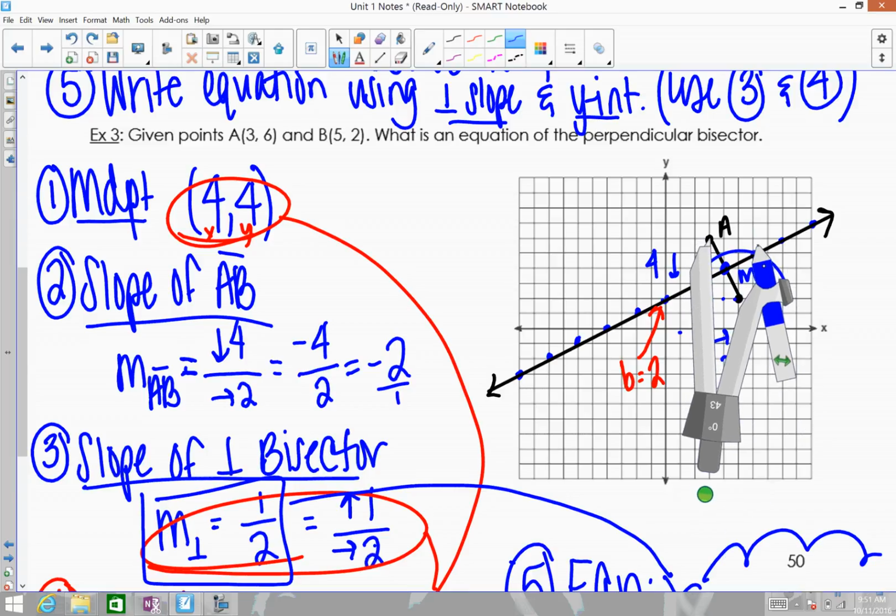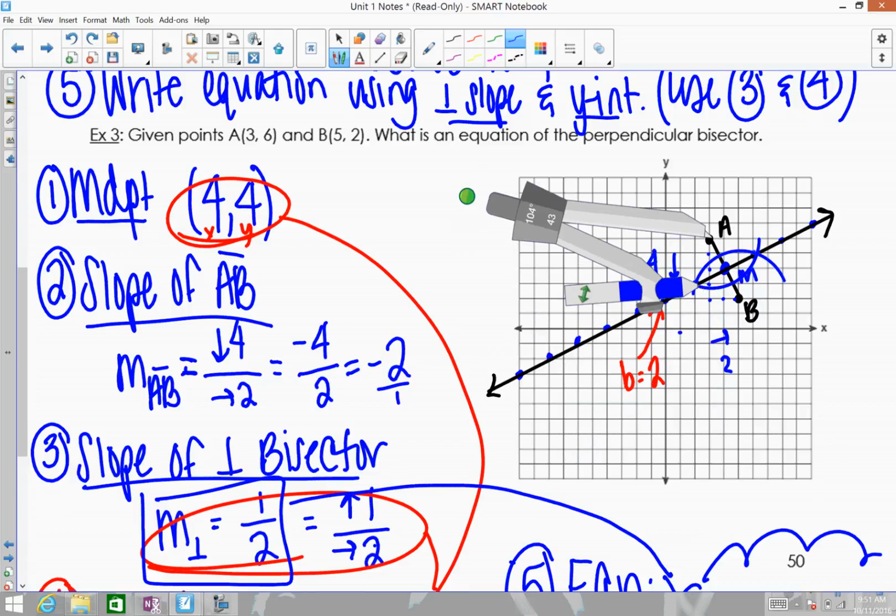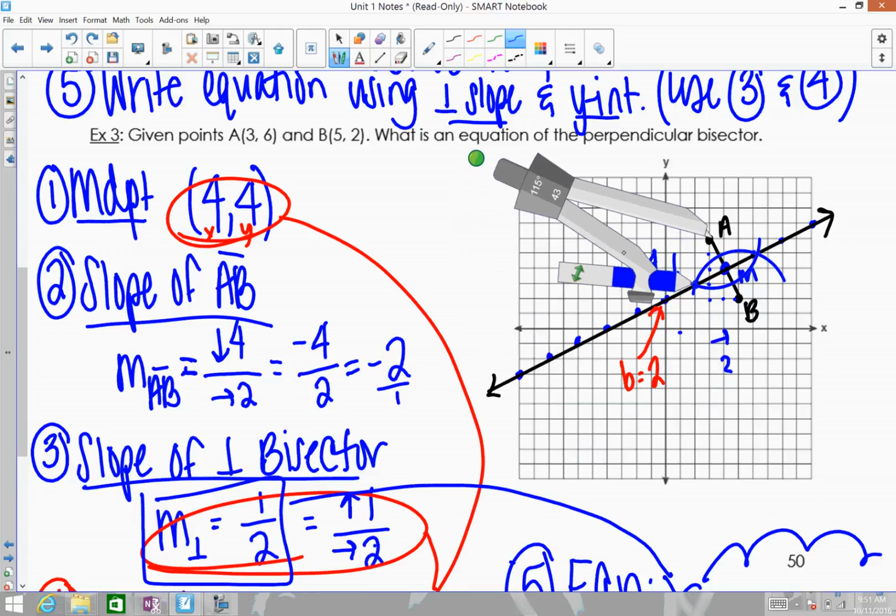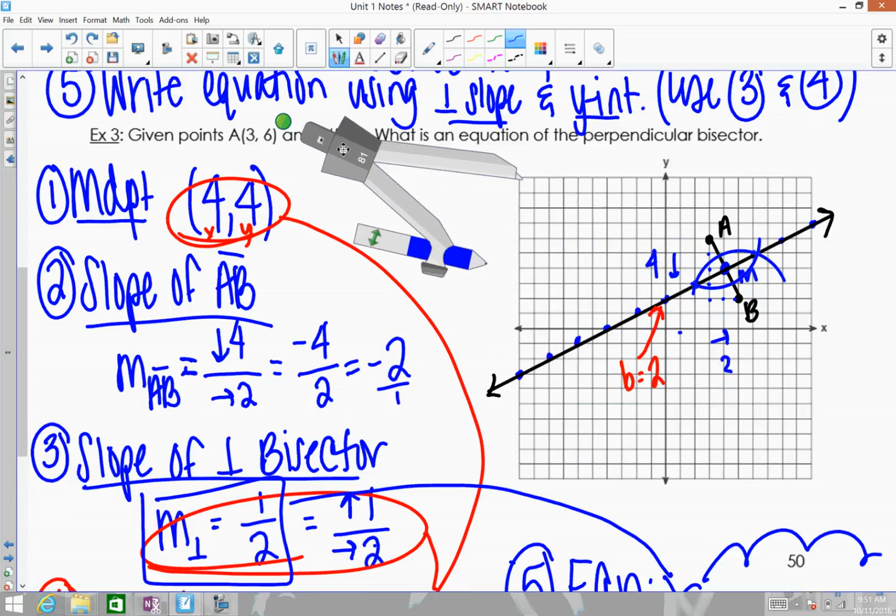You have to be very careful about being on the actual corner. And you'll see, here are my intersections, they cross at this perpendicular bisector line. If you didn't do all this algebraic stuff, you could start with your construction, get your line drawn, and then come up with the equation based off of that. Count the slope of the line, count the y-intercept, and it would give you your perpendicular bisector.